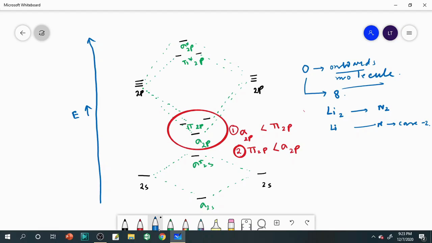So in case of oxygen, case 1 type, but in case of lithium to nitrogen, case 2 type molecular orbital will be valid. I am drawing the case 2 type of molecular orbitals, which will be valid from lithium to nitrogen.